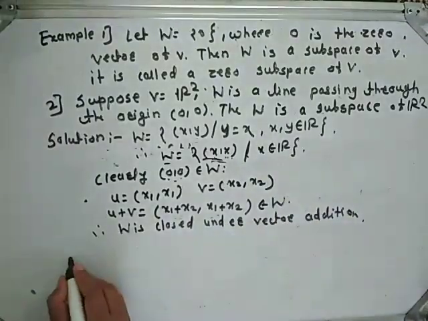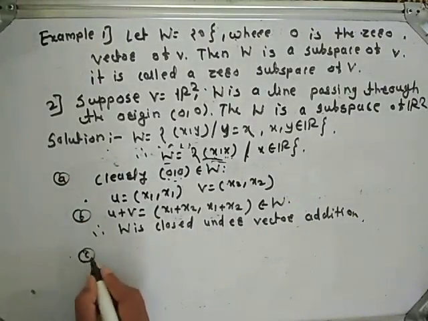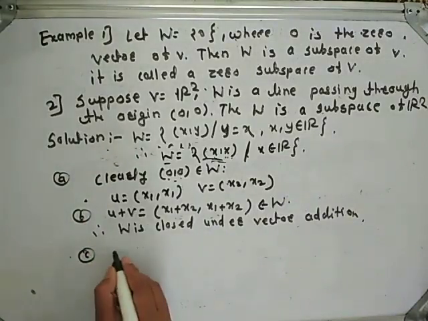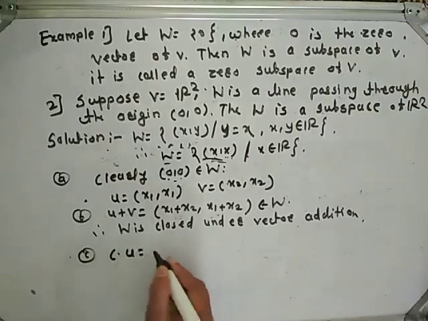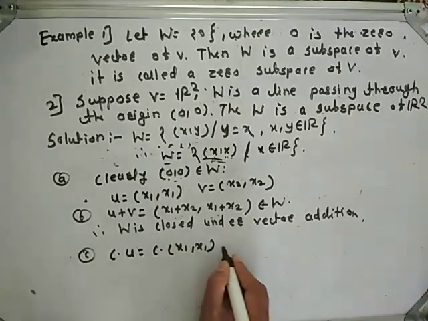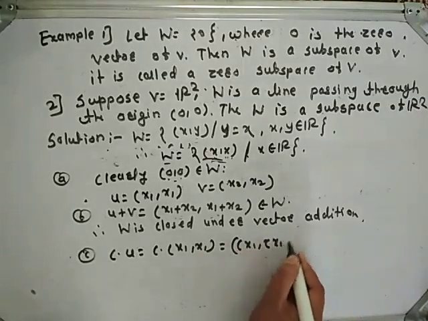Okay. Suppose this is property A, this is B. Now we have to prove W is closed under scalar multiplication. So take c times u. Suppose u is the ordered pair (x1, x1), then c times u equals (c x1, c x1).